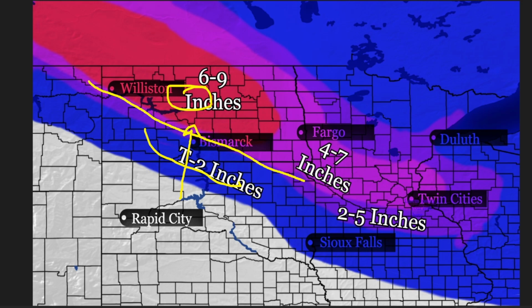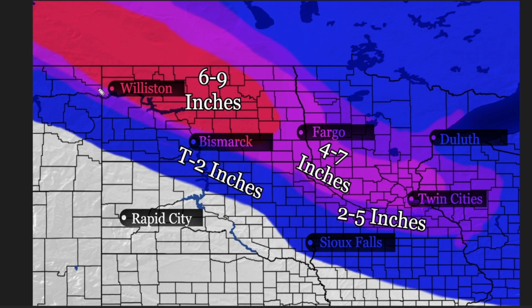So if this frontal boundary should shift either north or south just a little bit, obviously it is going to impact some of you a fair amount, because you could be looking at 2 to 3 inches, and perhaps it slips just a little bit further south and you're going to be looking closer to 4 to 8 inches if that does indeed take place.